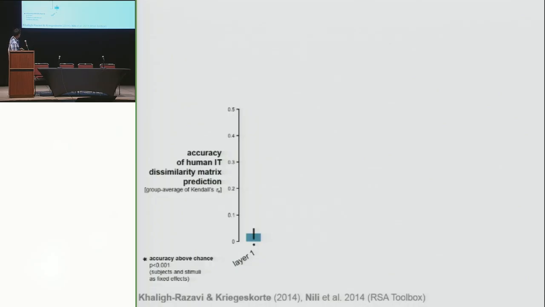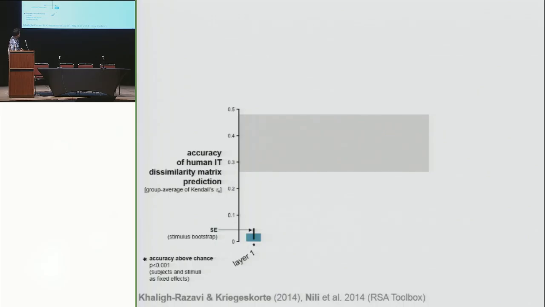You can also get an error bar on this level of relationship between these two representational dissimilarity matrices by bootstrapping the stimulus set. But the important point is that this significant effect is small relative to the effect that we would expect the true model to achieve.